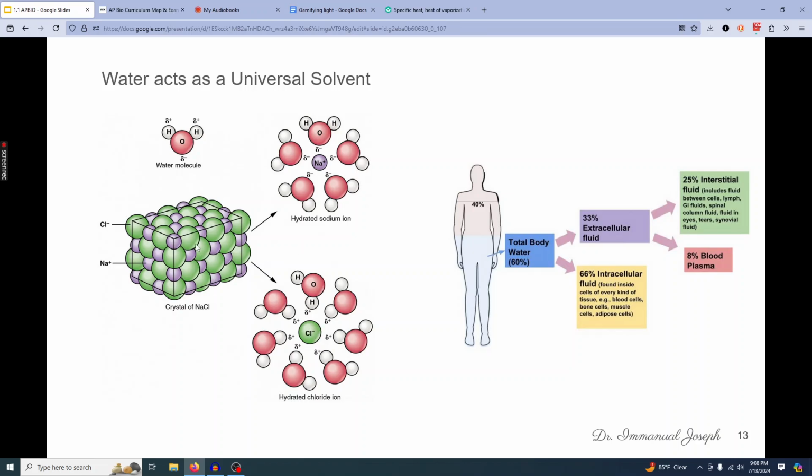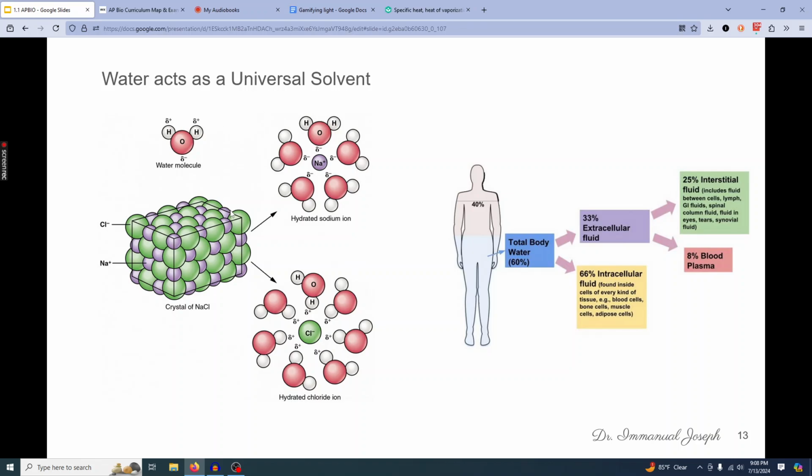In that process, it has broken down the crystal lattice, the crystal-like structure that made up the sodium chloride, or the salt crystal. So the crystal is broken. Water is able to do this for a lot of materials, and that's why it's able to dissolve. That's what we call dissolving something.